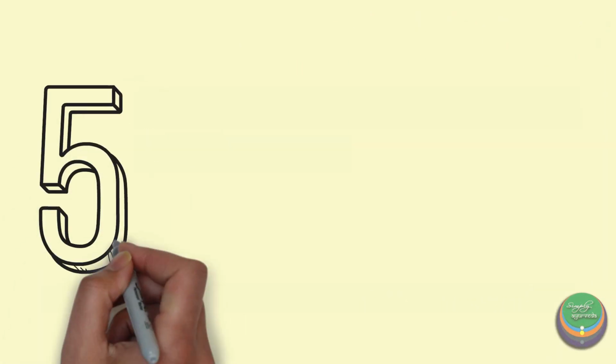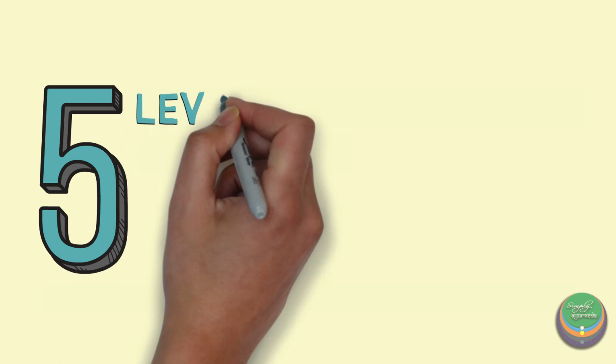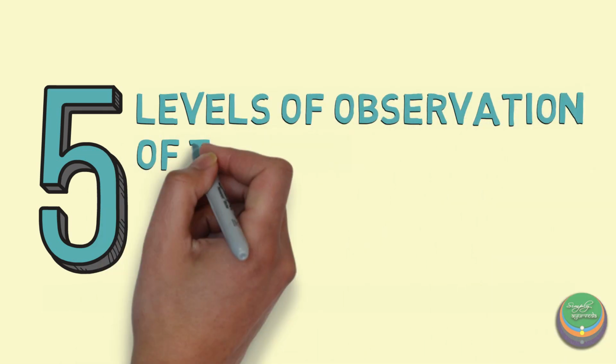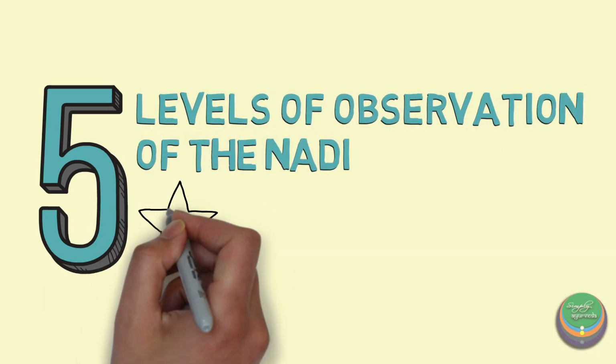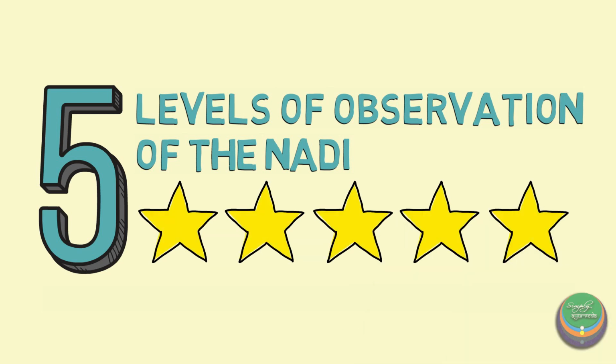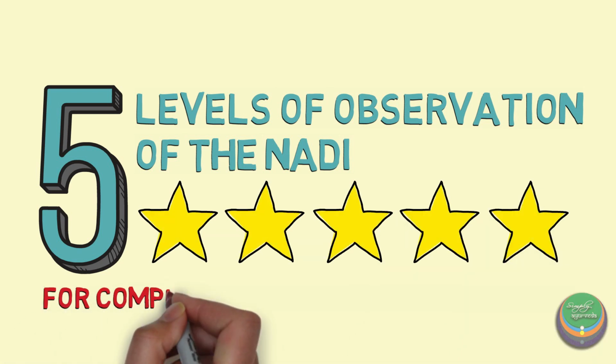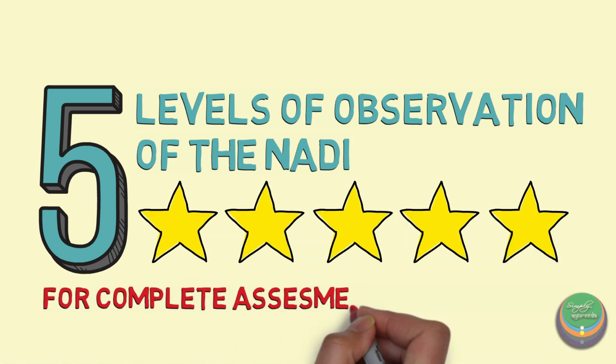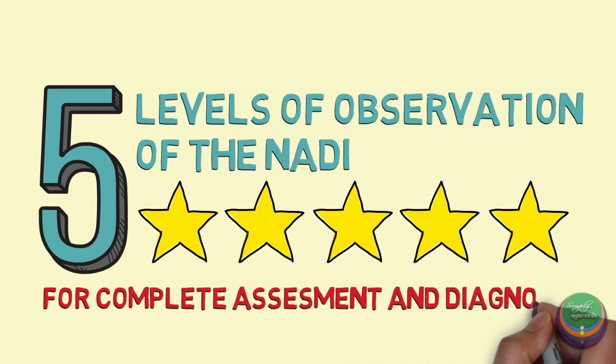Once you find this right place and position your fingers, observations must be done at 5 levels. Complete diagnosis can be done only when all the 5 levels are explored and an interactive process is carried out for understanding what is happening. The pulse is observed in the following levels.